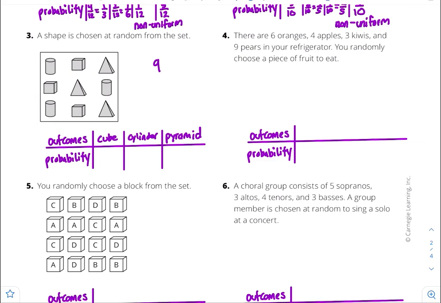So there's 3 cubes, so 3 out of 9, which is 1/3. There's 3 cylinders, so 3 out of 9 for 1/3, and there's 3 pyramids, so 3 out of 9 for 1/3. Now, are these uniform? Yes, because you have the same probability chance of selecting any of these. So this one is uniform.